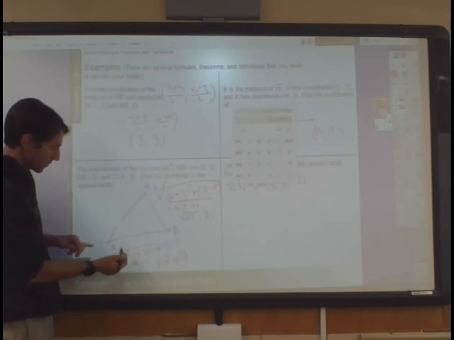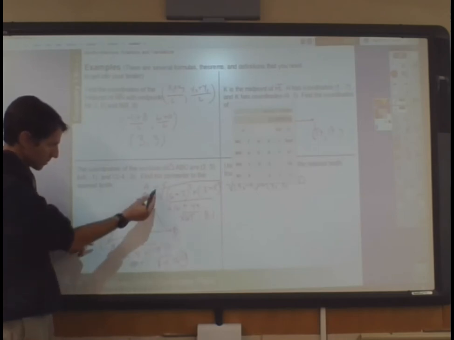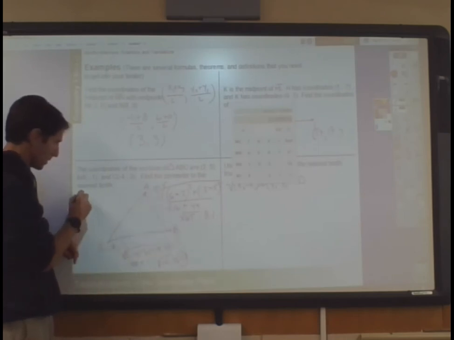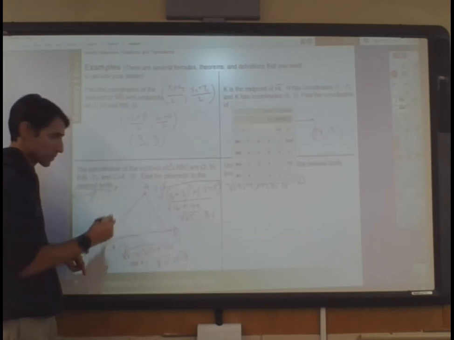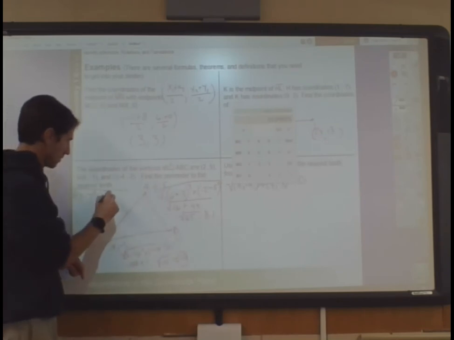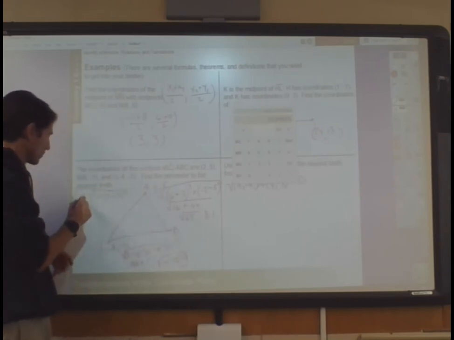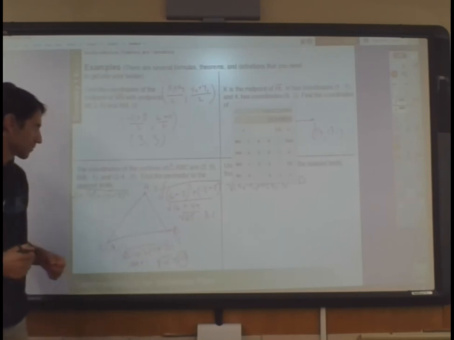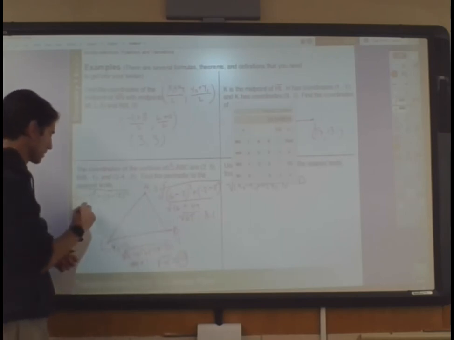So we have, that's going to be my second value. So we have 2 minus negative 4. I'm going to square that. And yes, we're taking the square root of the whole thing. Plus, well, we have 5 minus negative 2 squared. So 2 minus negative 4 is 6. 6 squared is 36.